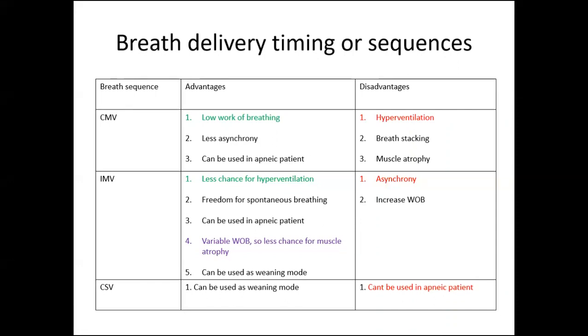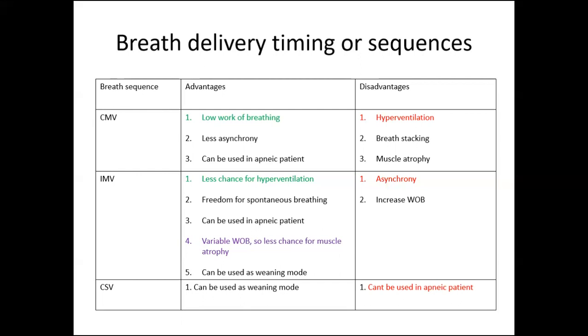Before that, what I'm going to tell you is that on all ventilators now, there is no pure CMV. All are assist control modes only. So when the patient takes a breath, the ventilator is going to assist them. The pure CMV modes are taken off. The new ventilators have only assist control. Assist control means you set the rate, and that rate will be delivered.